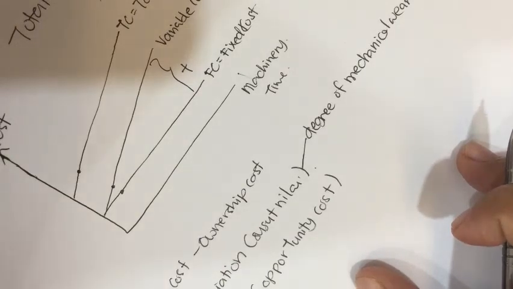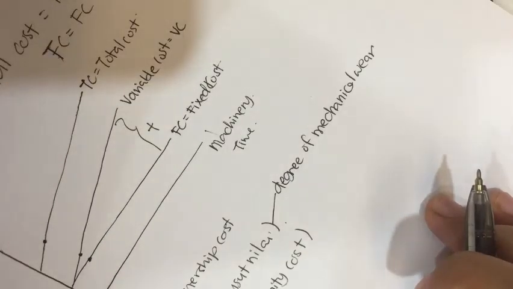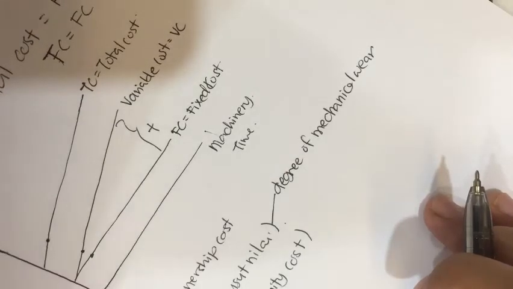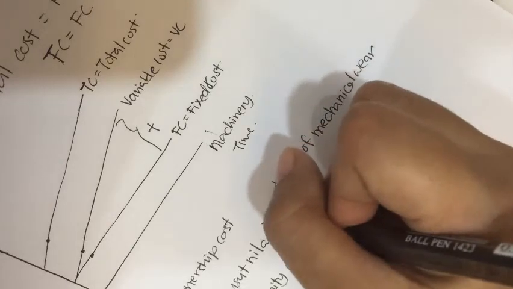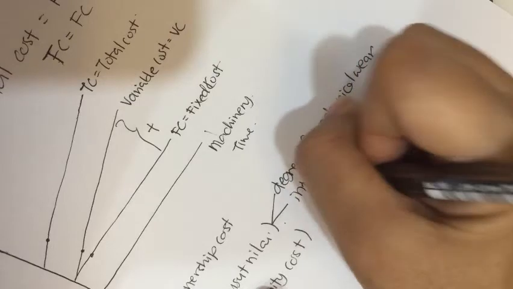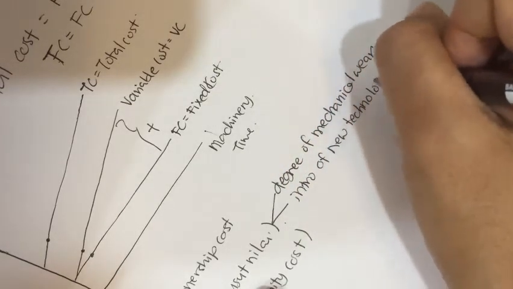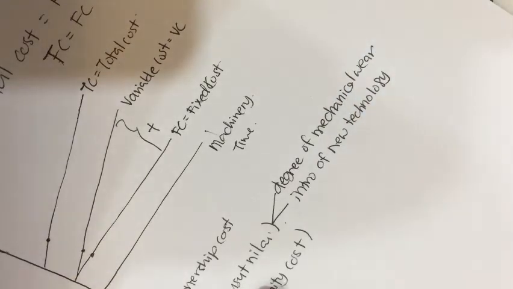You know the degree of your mechanical wear when you try to sell your machinery. It also depends on the introduction of new technology and major design changes, because an older machine can suddenly become obsolete, causing a sharp decline in its remaining value.